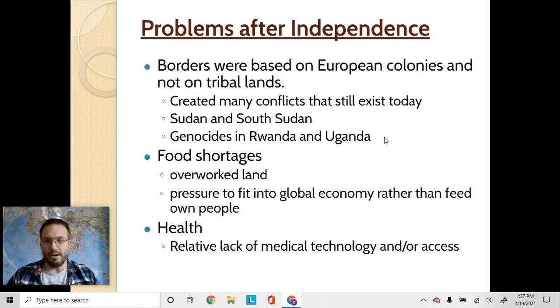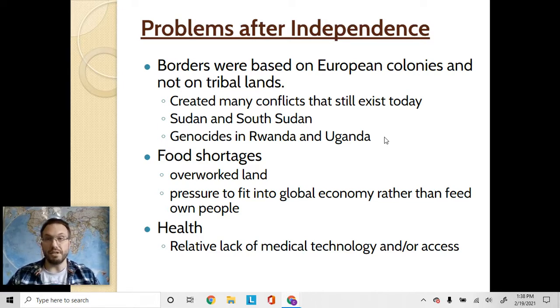Sure, it's there, but the access tends to be difficult. It's not as spread or diffused throughout society. Medical services tend to be focused in the major cities, and those major cities tend to be relatively few and far between, which makes it very difficult for people to get the care that they need.